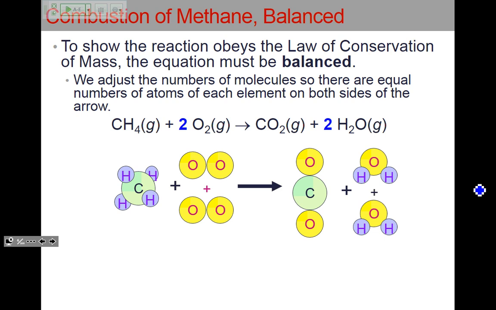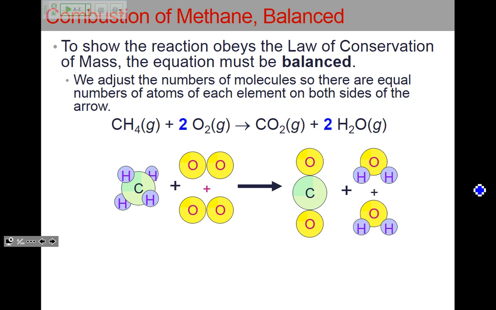We have only 1 molecule of carbon on each side of our arrow. We started with 4 atoms of hydrogen, and we still have 4 atoms of hydrogen, though of course it's in a different form. And then we started with 4 atoms of oxygen, and in our final product we have 4 atoms of oxygen.